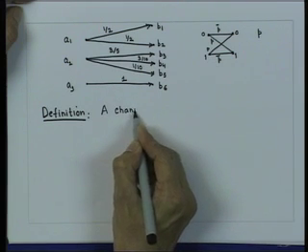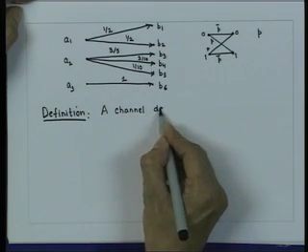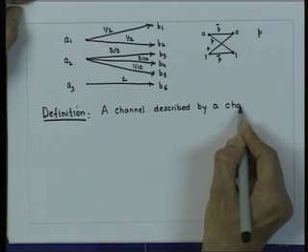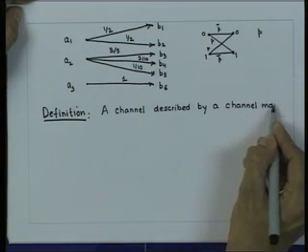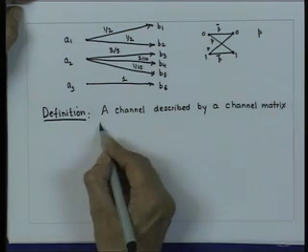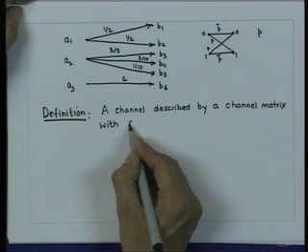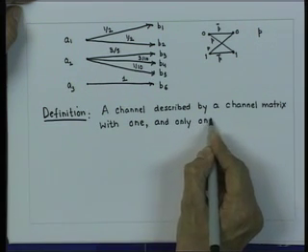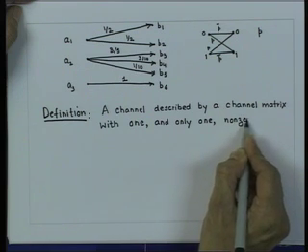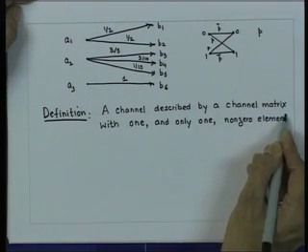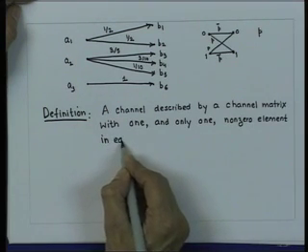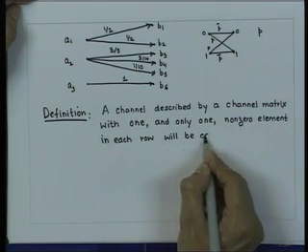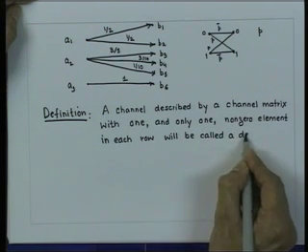A channel described by a channel matrix, that is capital P, with one and only one non-zero element in each row will be called a deterministic channel.